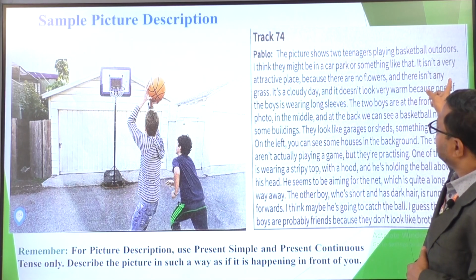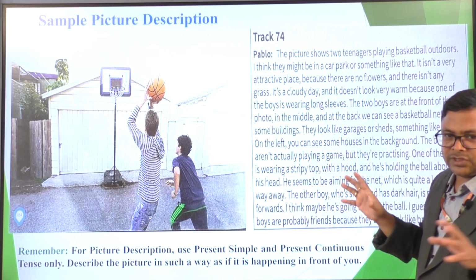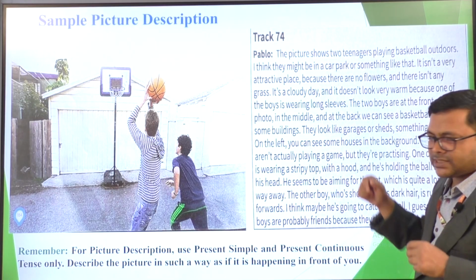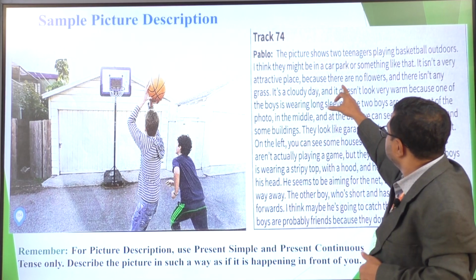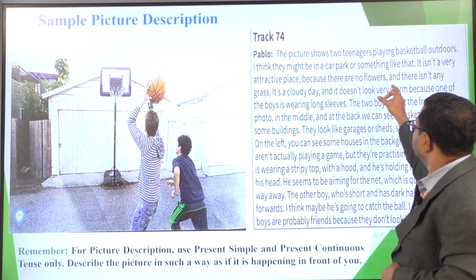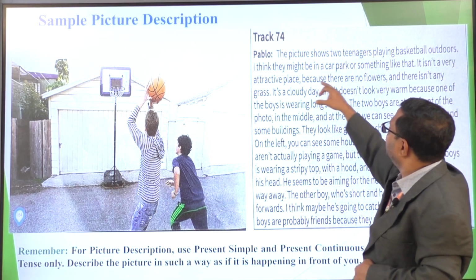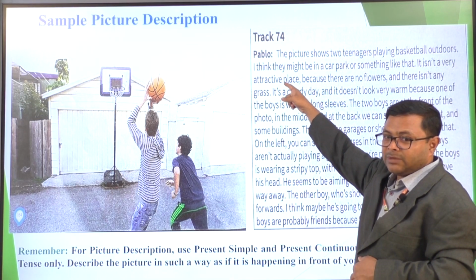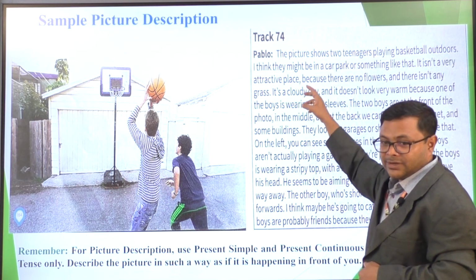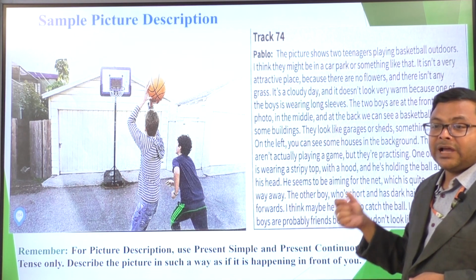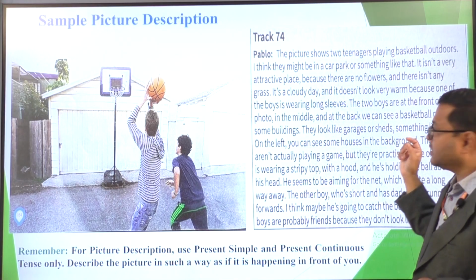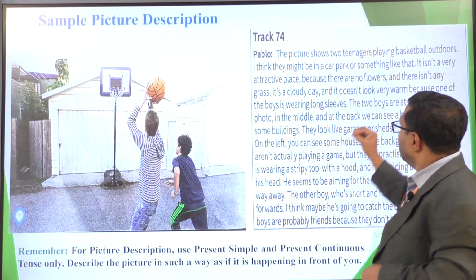It is not a very attractive place, it is not a basketball court, because there are no flowers. See, why not an attractive place? Because the reason is always associated with the expression, or you have to add the reasons along with that.